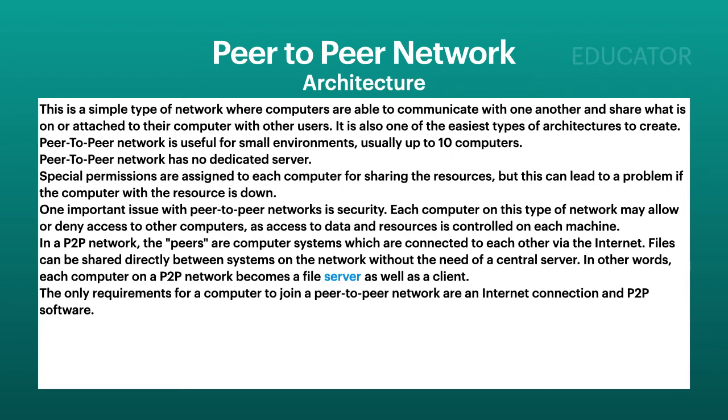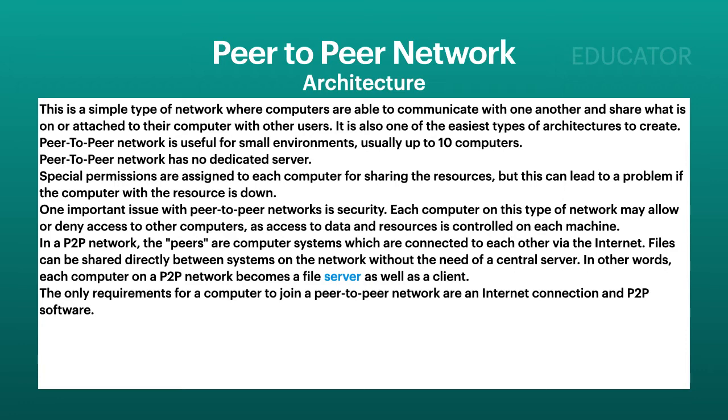So it's good. The peer-to-peer network has no dedicated server, as we discussed what a server and a client are. So there will be no request and response system. We can just equally share the data, and only some files can be accessed. Special permissions are assigned to each computer for sharing the resources.